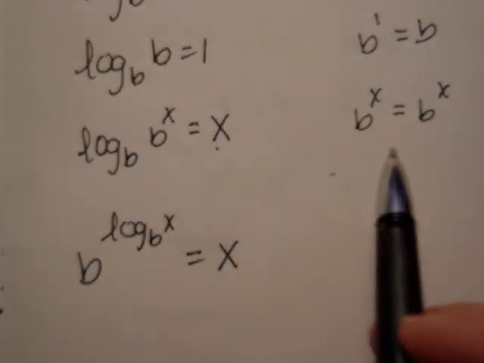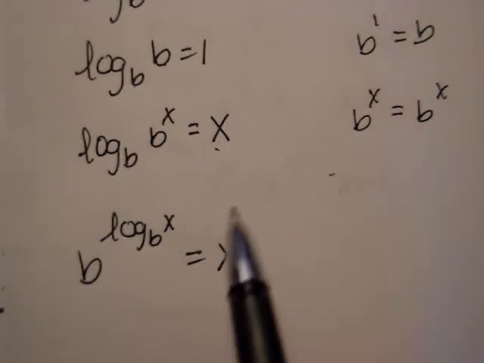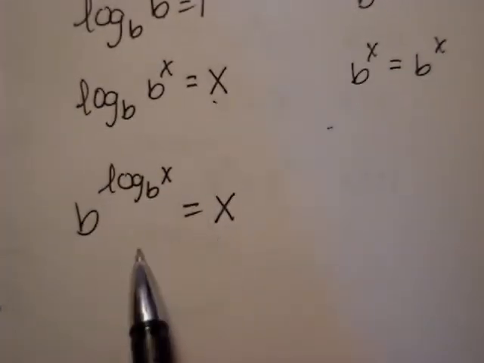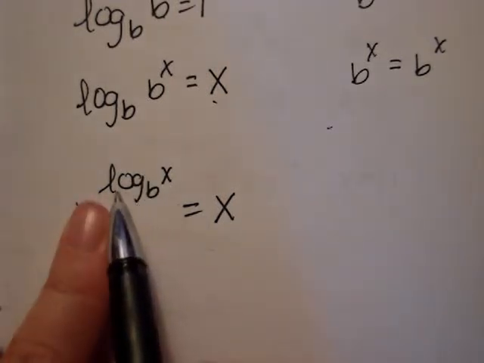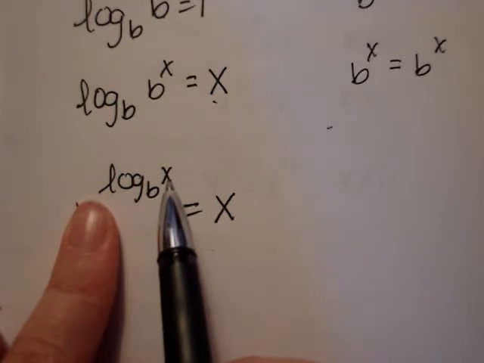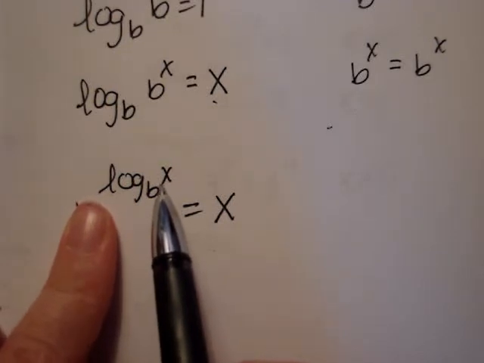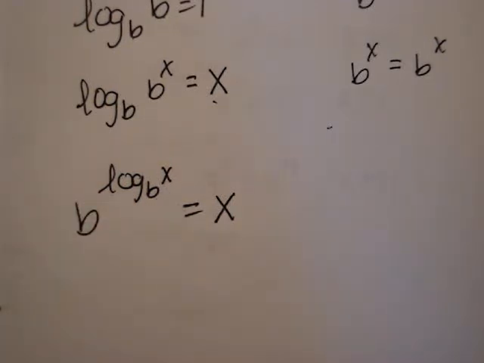This one can make sense when we write the because over here. This one, however, is a little weirder. So you guys are just going to have to trust me on this. This time, I'm starting with a log base b of x, and I take that log and I put it in the exponential position there. Okay?